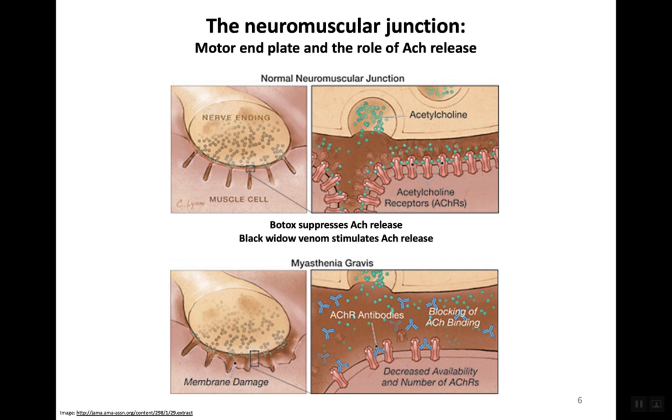And this occurs because of postsynaptic membrane damage, and as a result of that, a decreased number of receptors on the motor end plate. This is a chronic condition.